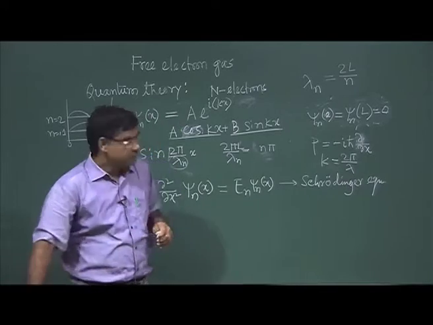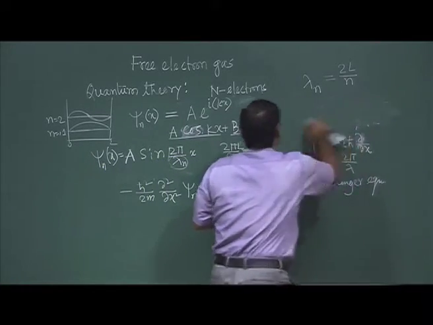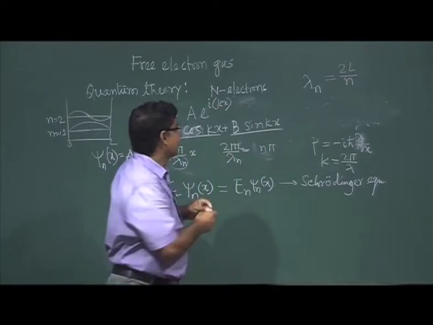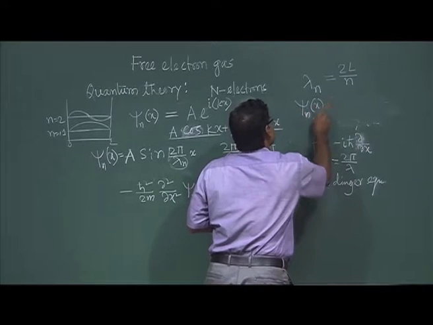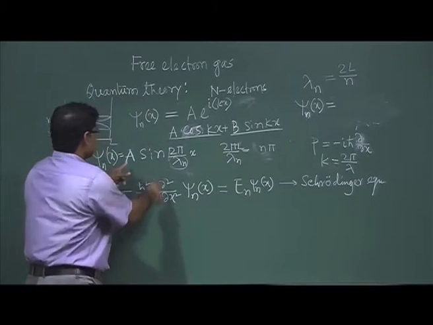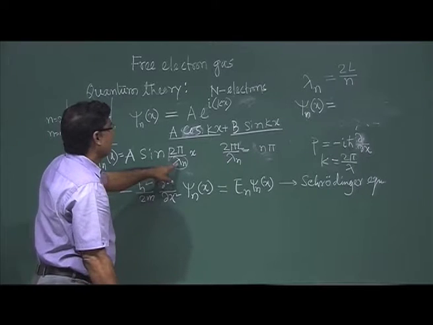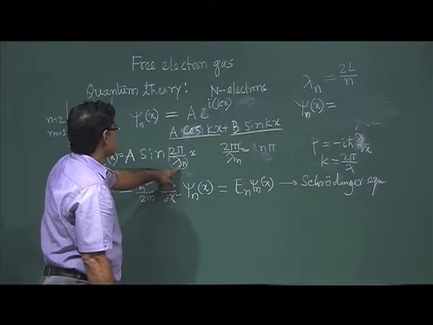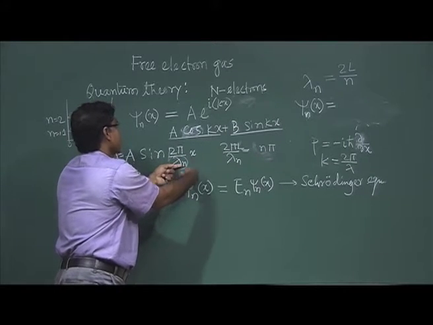So, here, the wave function, now I can write psi n of x equal to A sin. Lambda n, I will put 2L by n, so n will go up.